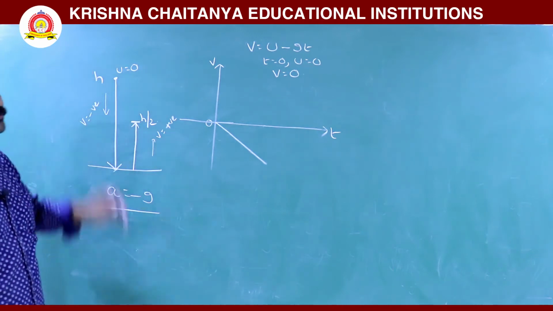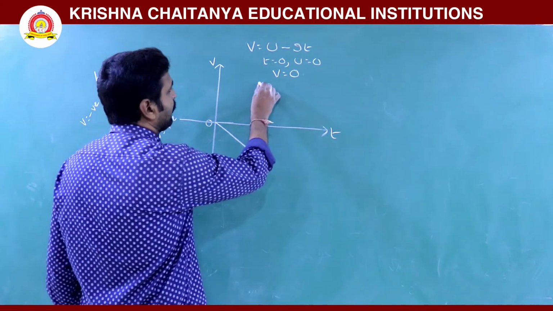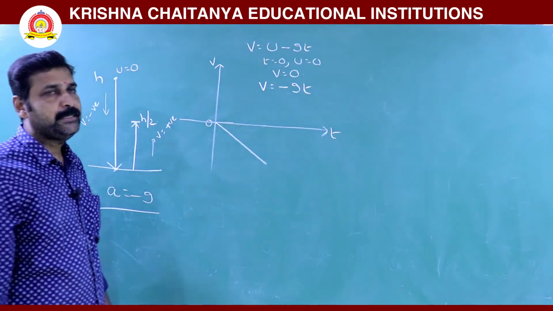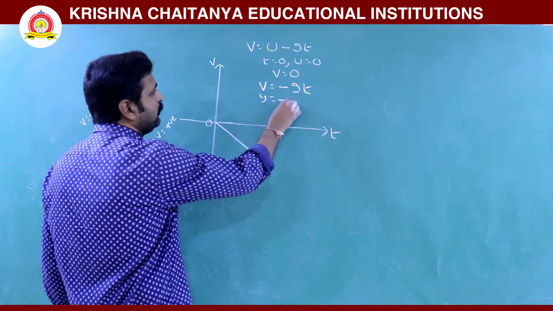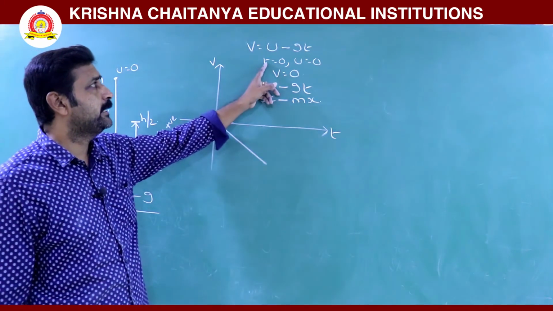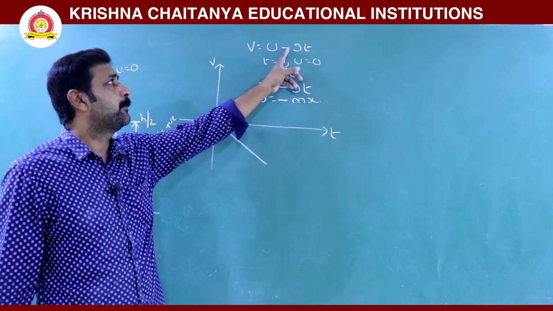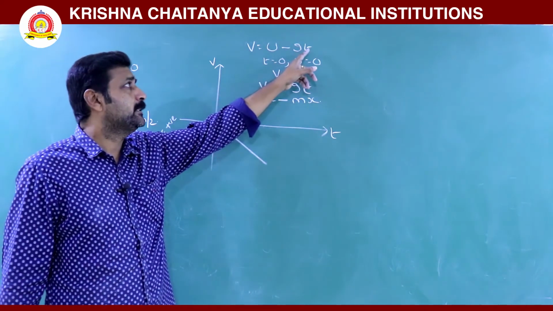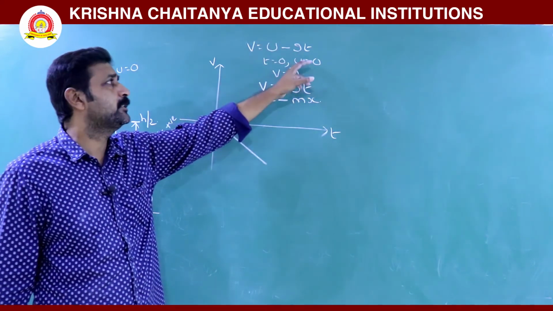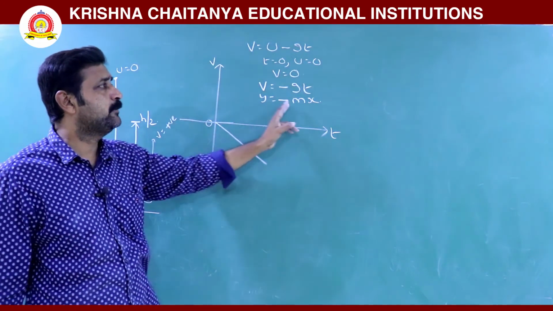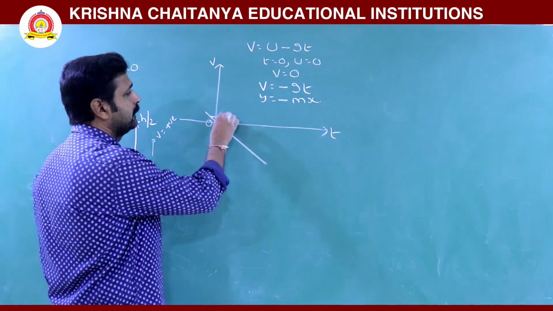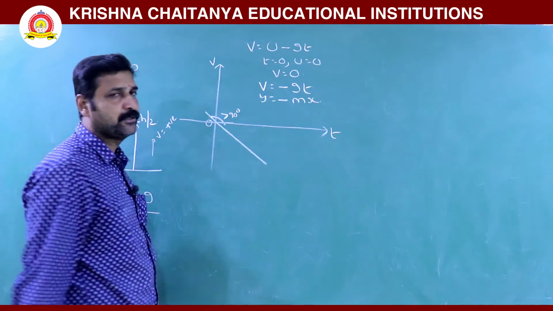After that, for any time, v is minus gt, which is like y equal to minus mx. The y intercept is 0, since at t equal to 0 the initial velocity is 0. So it is in the form y equal to minus mx, where the angle is greater than 90, so the slope is negative.